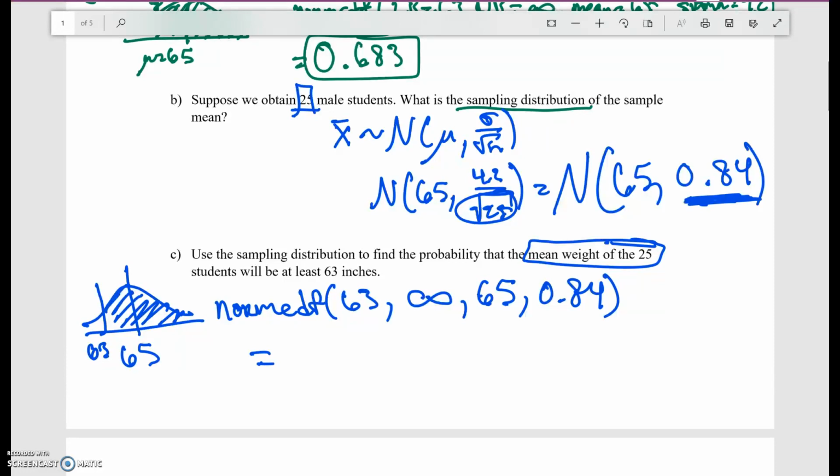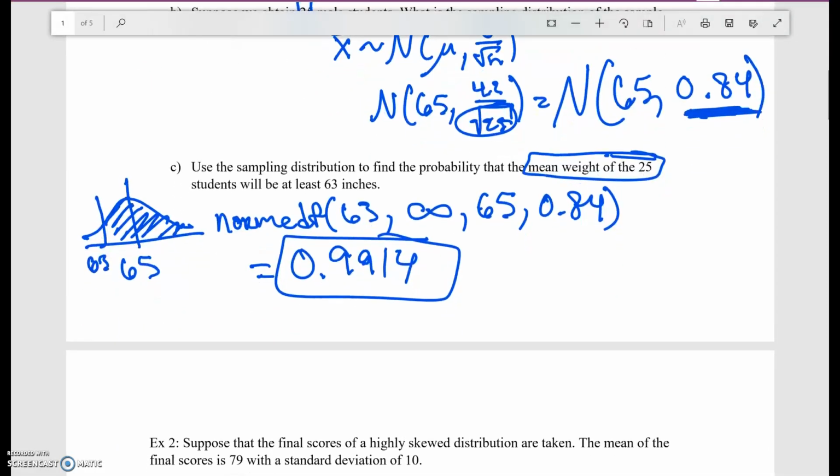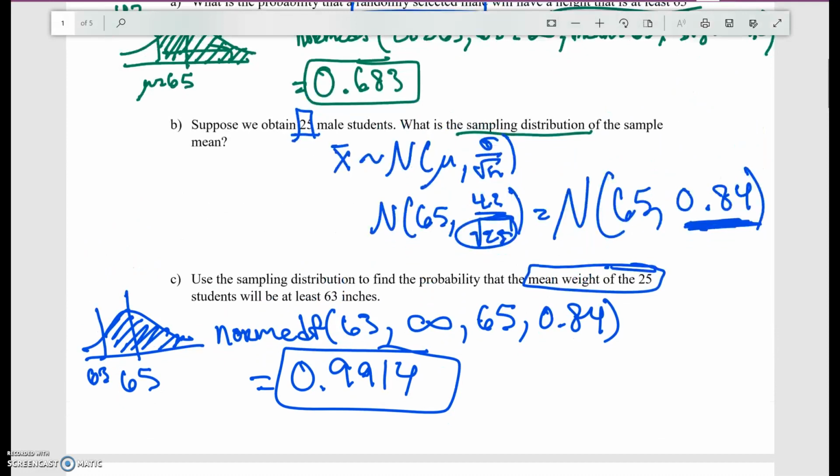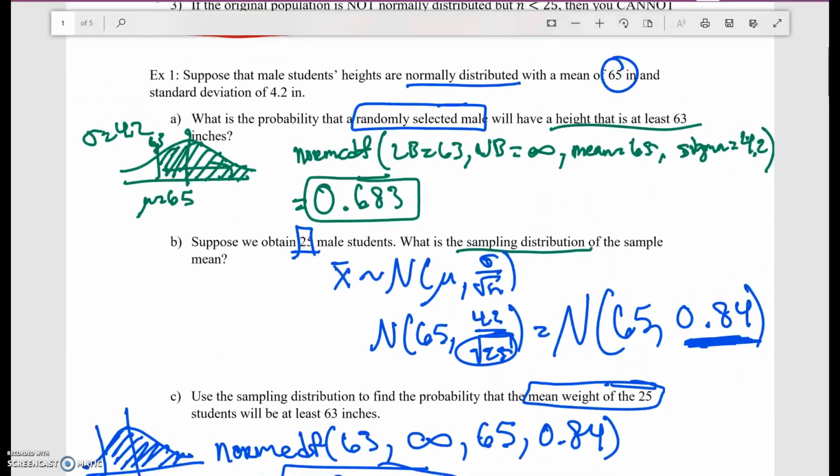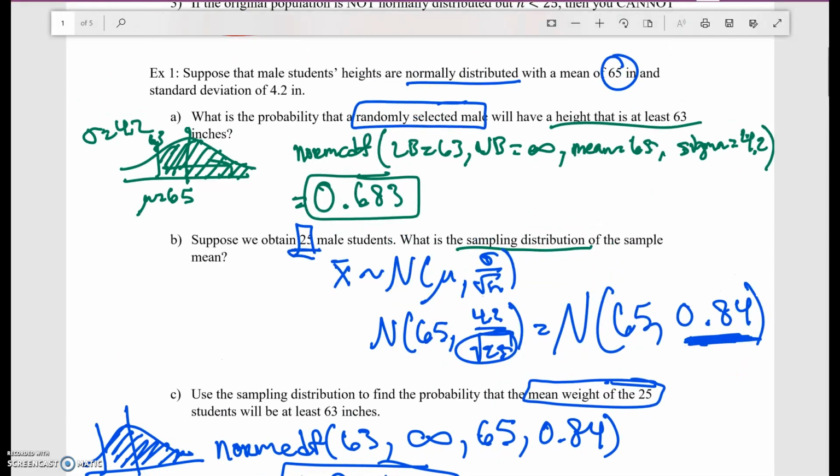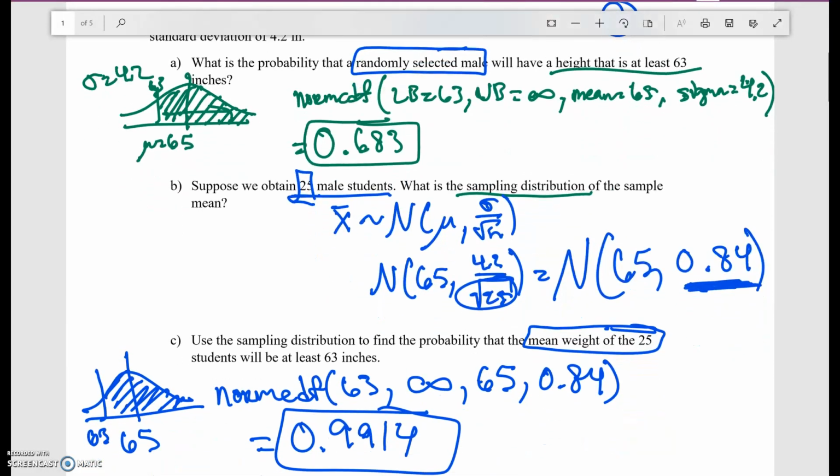So what I'm going to get is 0.9914. So the probability that the mean height of those 25 students will be at least 63 inches is about 99%. So almost very likely. All right, so there's one problem where you had a normal distribution and you had a sample size. And in the next example, we will do one when it's not normal anymore.